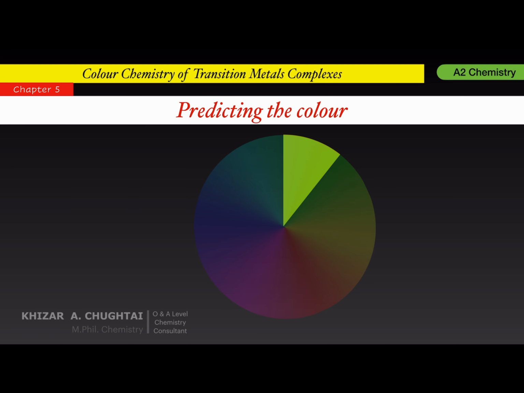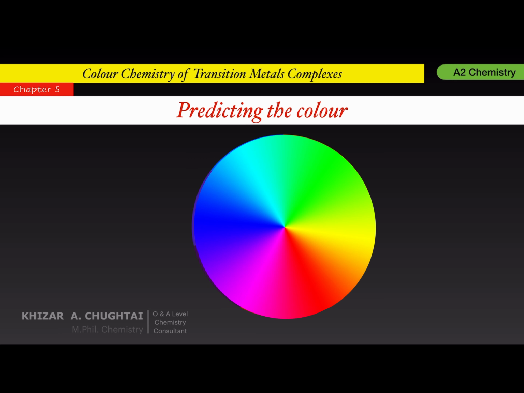So if any complex is absorbing light in, let's suppose, the yellow region, its color will be violet. If any complex is absorbing light in the region of orange light, then its color may be like indigo or light violet.